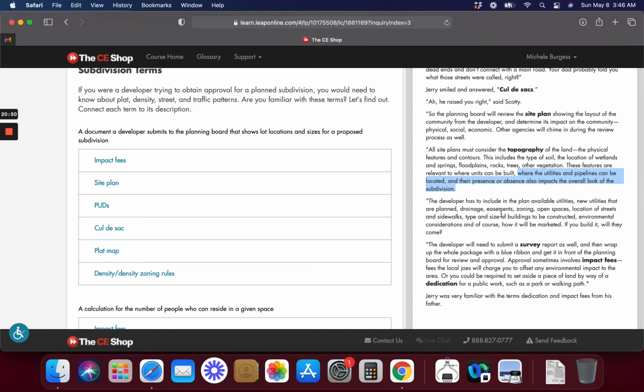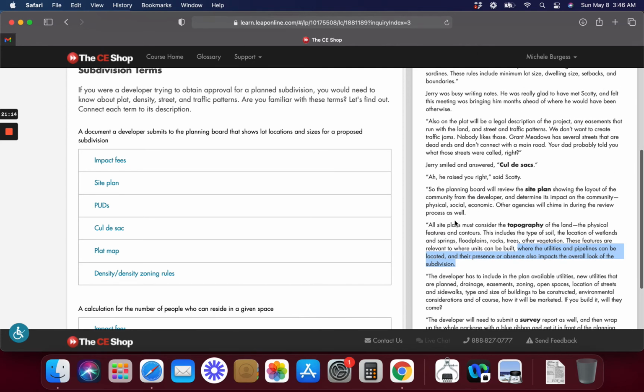So it has to include plans for utilities, the drainage, the zoning, open spaces, the sidewalks, how it's going to be marketed. The developer will need to submit a survey report and show how it's going to impact the entire community, the environmental impact on the area, if they can handle all the extra traffic, if the schools can handle more people, all these types of things.